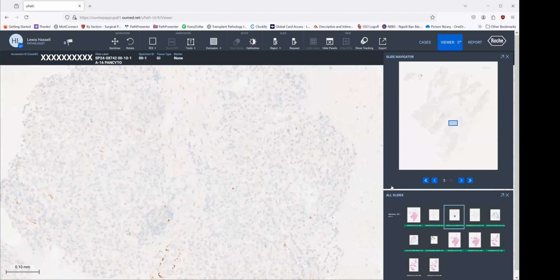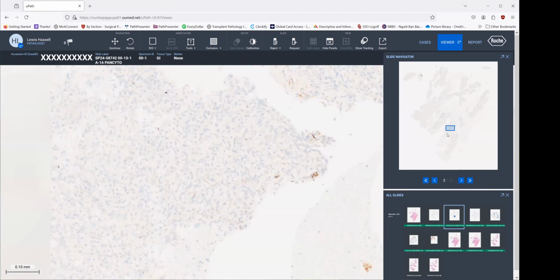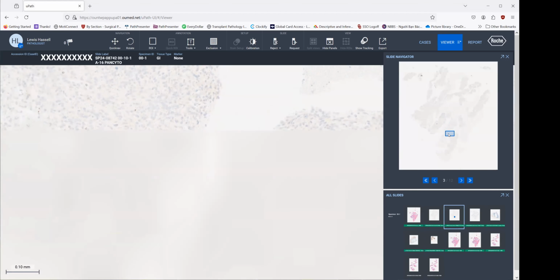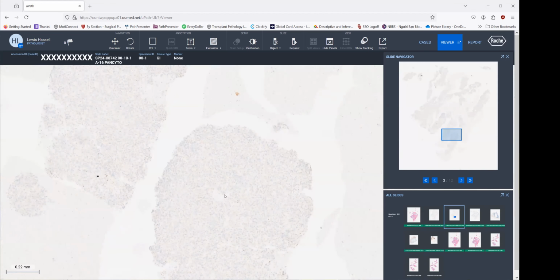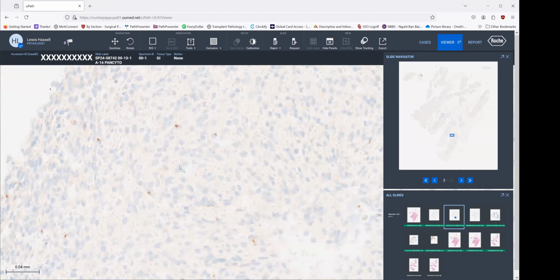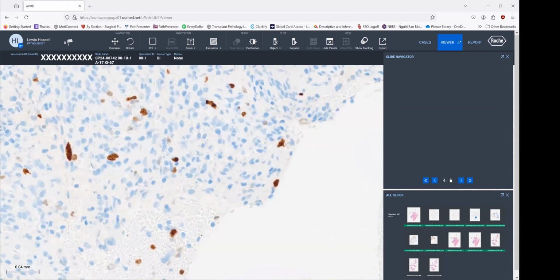So this is the cytokeratin stain, CK7, and I think you can see that there's really no positivity, although there is a trace, maybe a little bit in a few of these cells, a little bit of granularity here and there. This can be quite variable in these tumors.